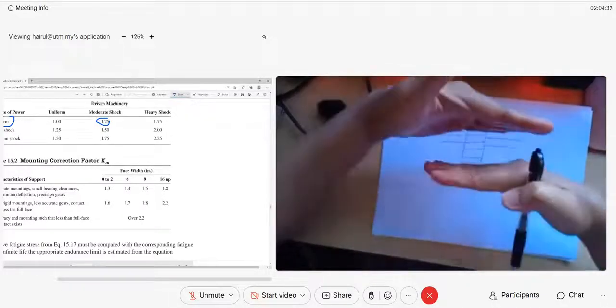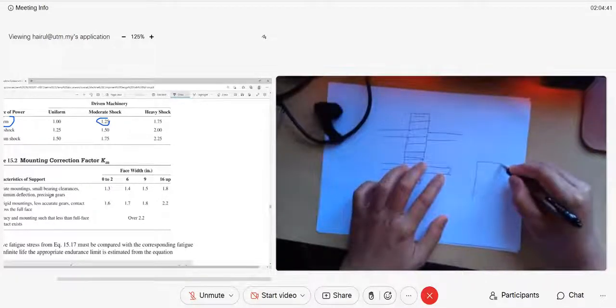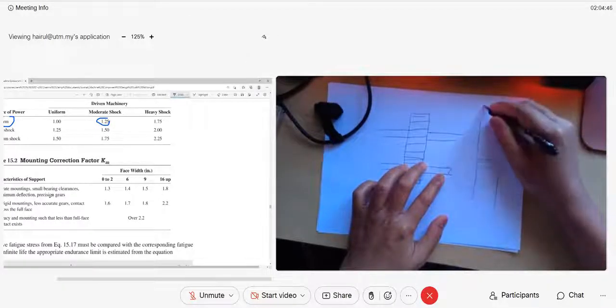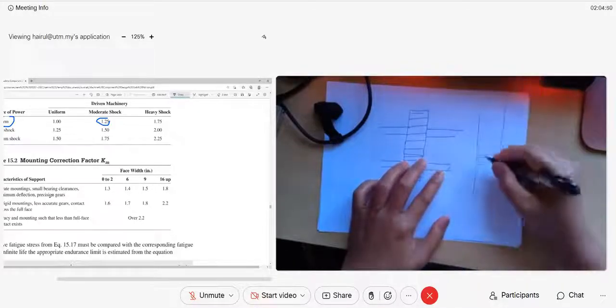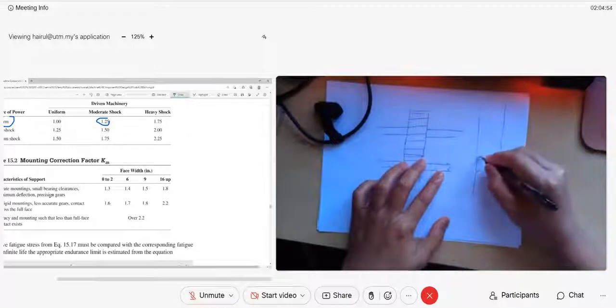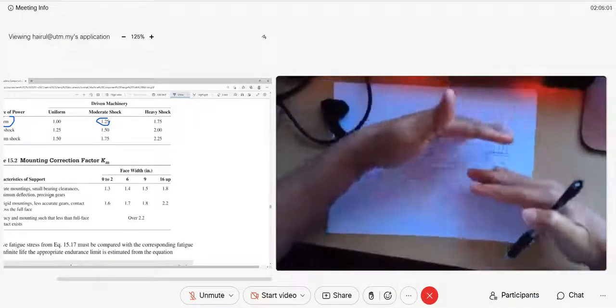For example, the teeth of your pinion and the teeth of the gear at the top. It means your tangential force is a uniform force, because we have face width, right? B is your face width. So the F tangent applies uniformly, which means accurate mounting.